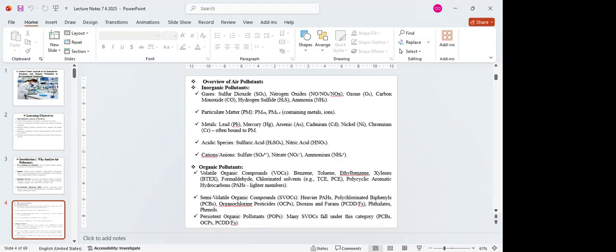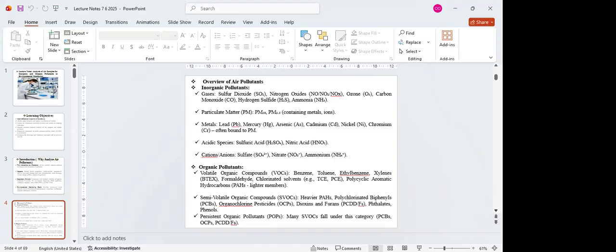The X there represents any sub-valent of the oxygen material. It depends on the oxidation state of the oxygen that is attached to the nitrogen. And that determines also the level of toxicity of that particular nitrous oxide. Then we have the ozone, like I told you, the O3, then carbon monoxide and hydrogen sulfide. Then, of course, the ammonia. These have been mentioned before. These are classes of inorganic pollutants that come as gases.